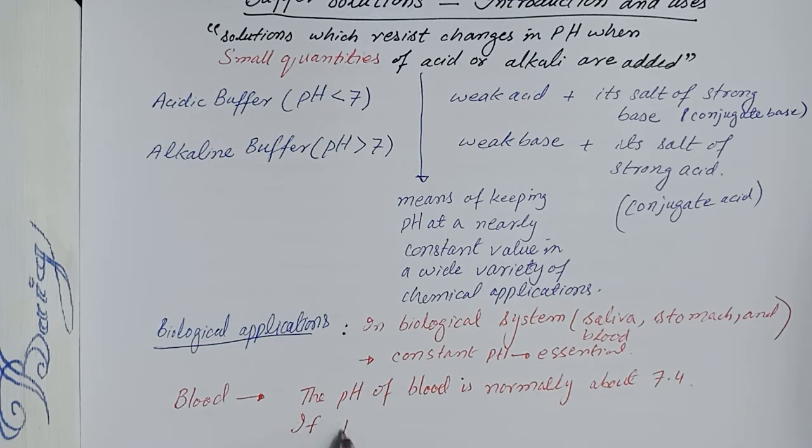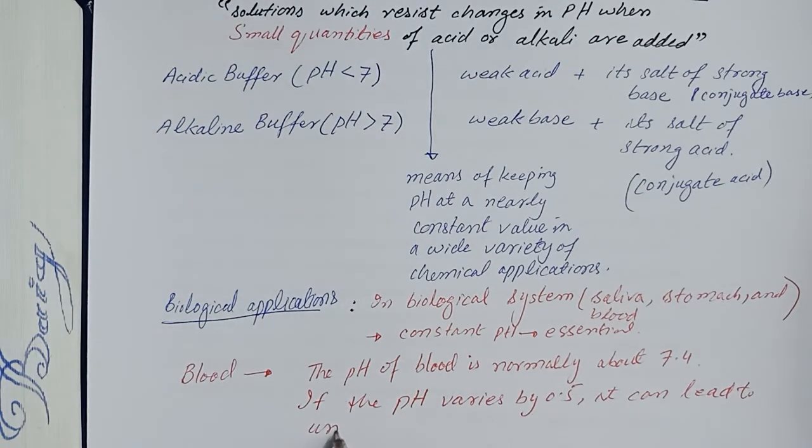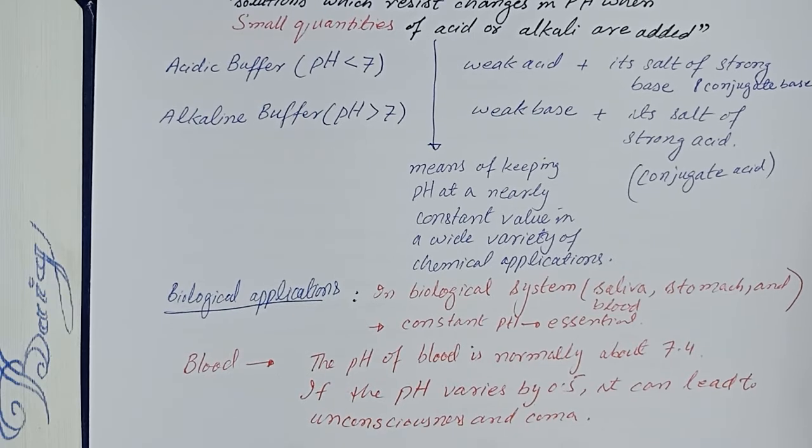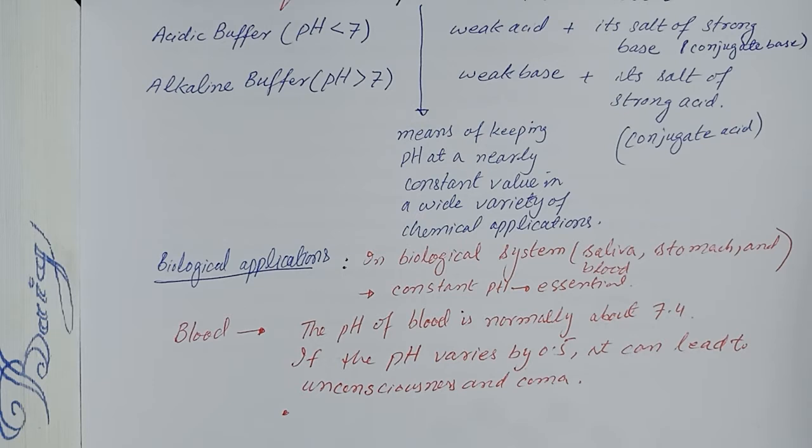If the pH varies by 0.5, it can lead to unconsciousness and coma. So let's see how the pH of the blood is maintained.